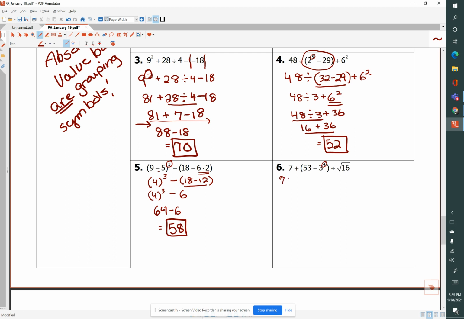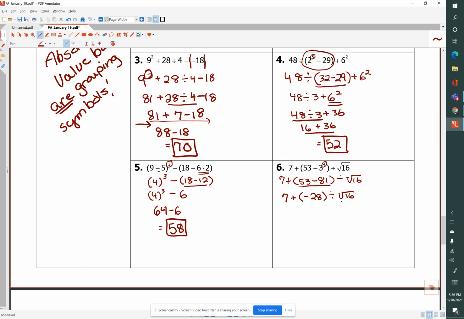So we have 7 plus 53 minus 3 to the 4th power is 81. 3 times 3 times 3 times 3 is 81, and then divided by the square root of 16. Let's keep working in the parentheses. 7 plus 53 minus 81 is a negative 28, divided by square root of 16.